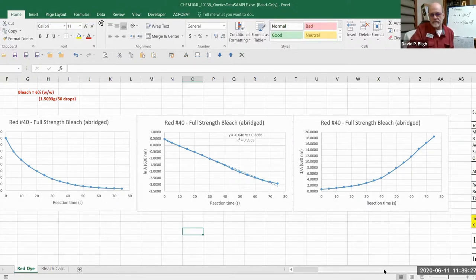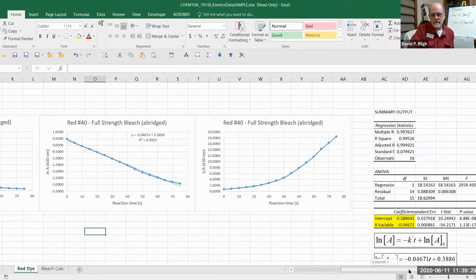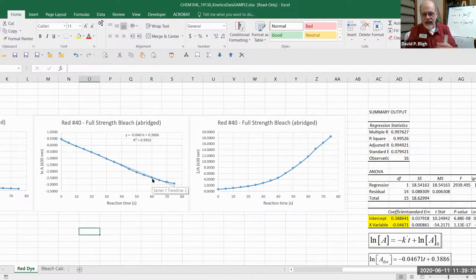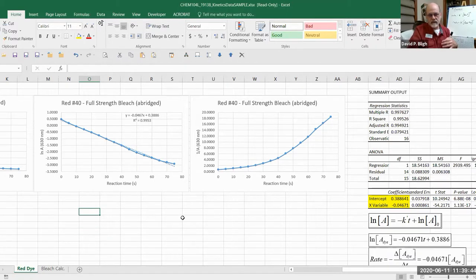Now, this actually gives you all the information you need, because if our order is first order, then we know that the integrated rate law for that one is right down here.